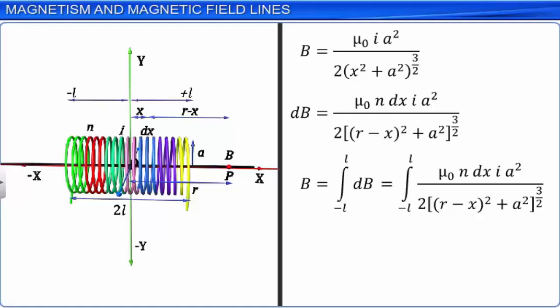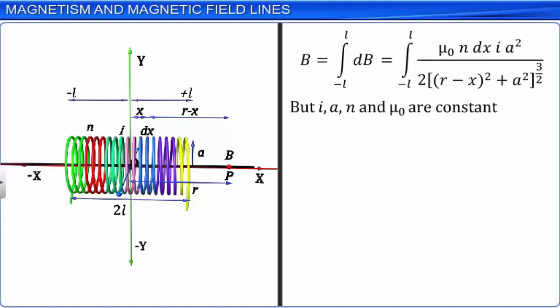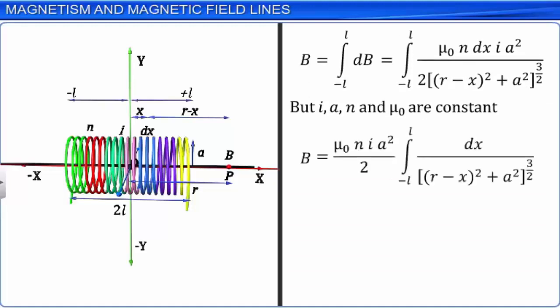But I, a, n and μ0 are constant. Hence, the magnetic induction B = μ0 n I a² by 2 into integral from -L to L of dx by ((r - x)² + a²) to the power 3 by 2.